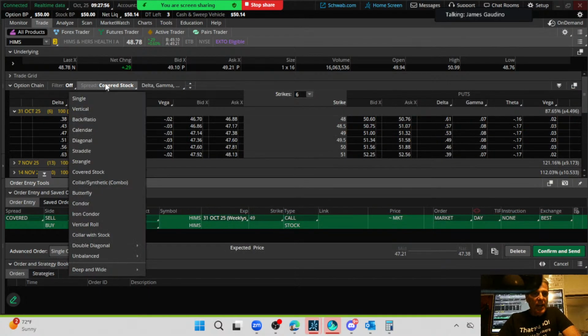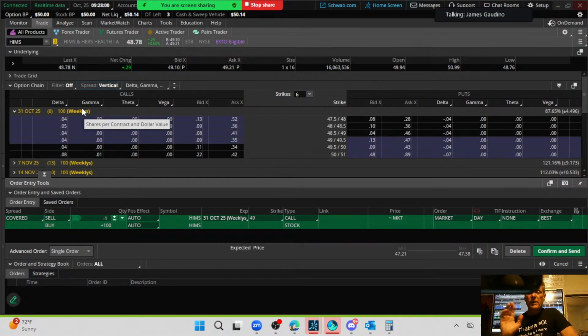Now, to a vertical. Let me explain to you how a spread works. What we're going to do is buy one option and then sell another one. Okay, so considering the stock at this moment in time is at 48.21, let's buy the 48.